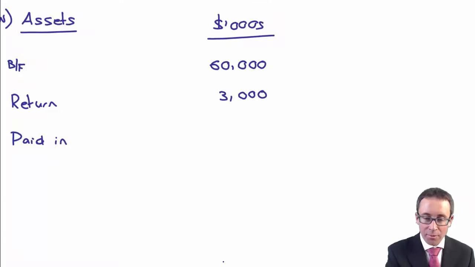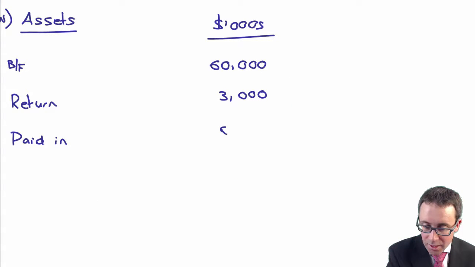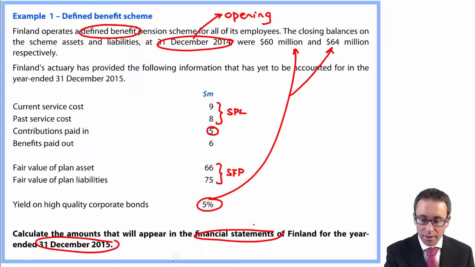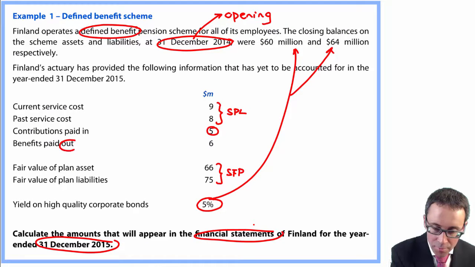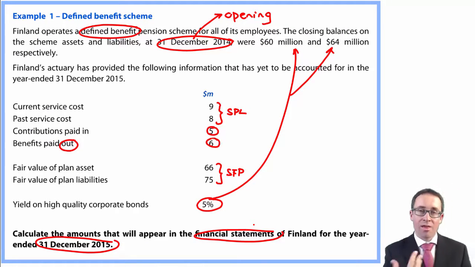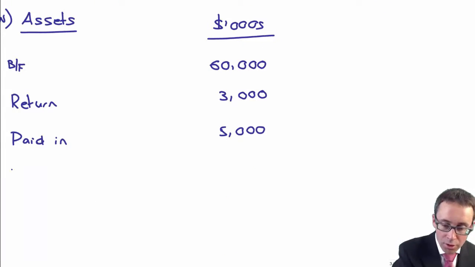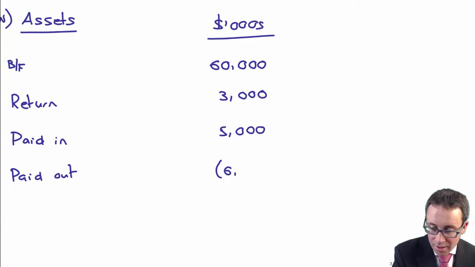So you credited the bank with 5, debited your pension assets with 5. Be careful with the next one, because the next one is the amount that you paid out. That's the tricky one. When you paid out, you liquidate the asset. So is that there as 6 million?